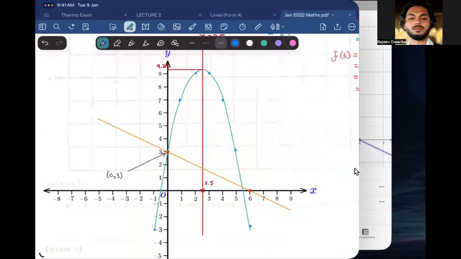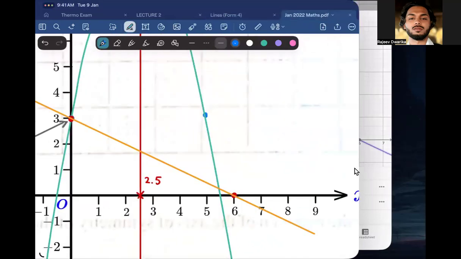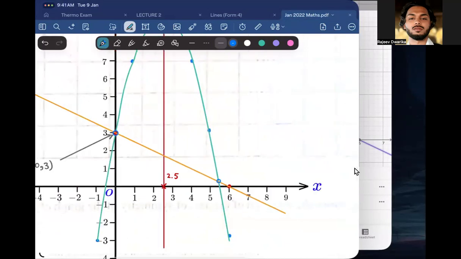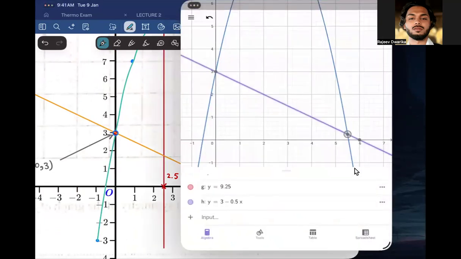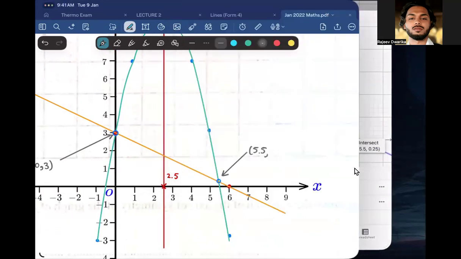You should be able to read it off from the graph. So this is one of your answers right here, and this is your other answer right here. Do you understand the question now? Yes, sir.